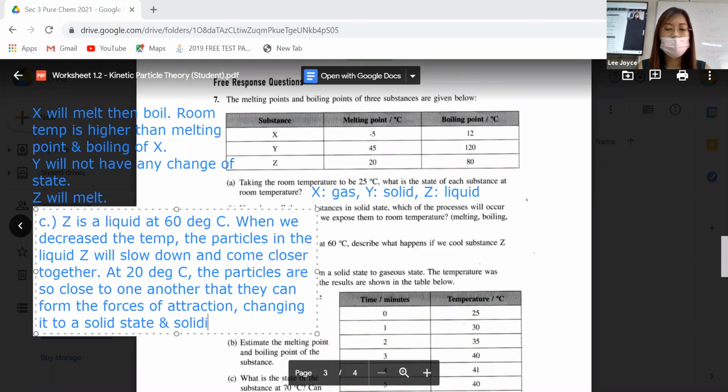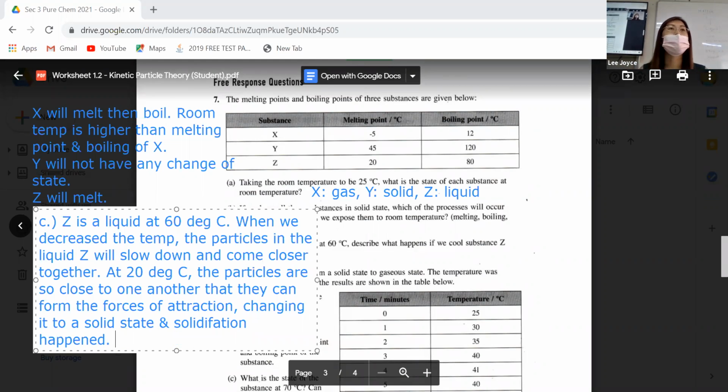And solidification. Okay, so changing it to the solid state, and solidification happens, but that is only referring to the changes that happen at 20 degrees Celsius.